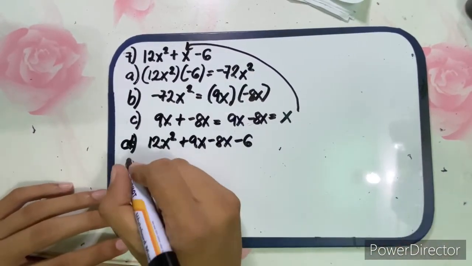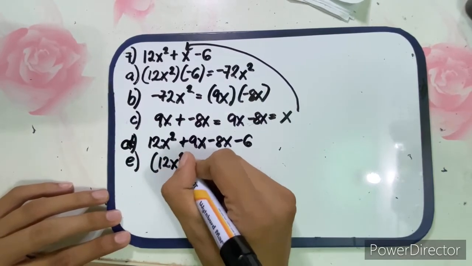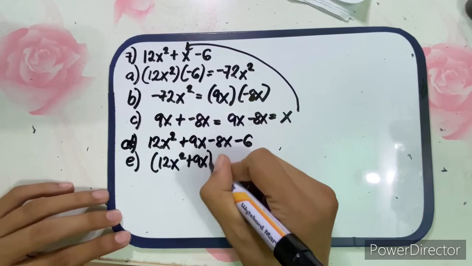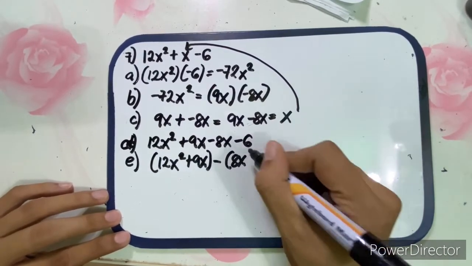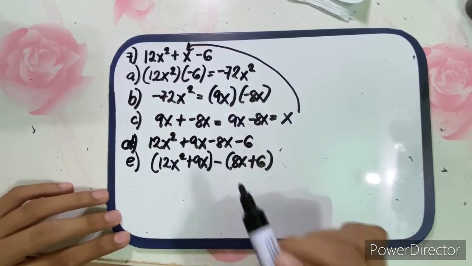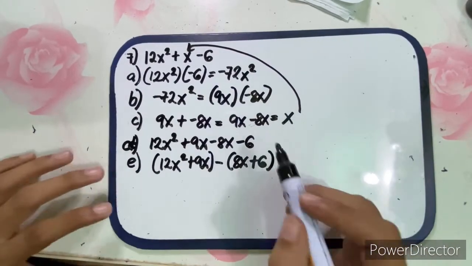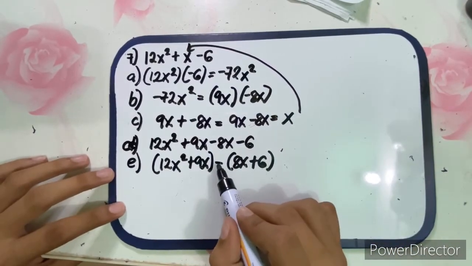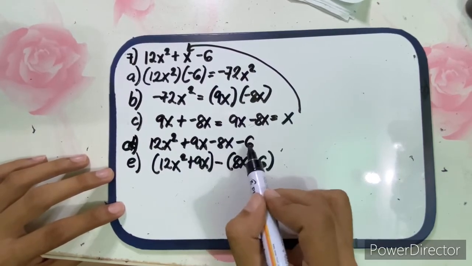Then group. I will group here 12x squared plus 9x, and minus 8x, it will become plus 6 because we factored out here the negative. We have the negative sign. So if we multiply again this one, it will become negative 8x minus 6.